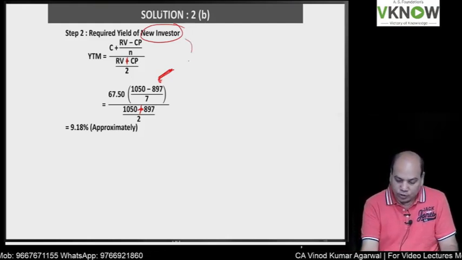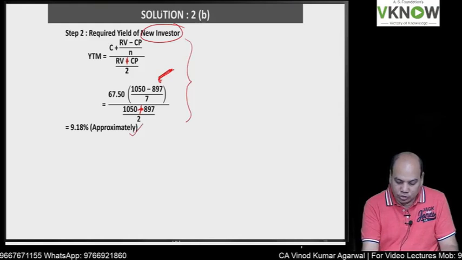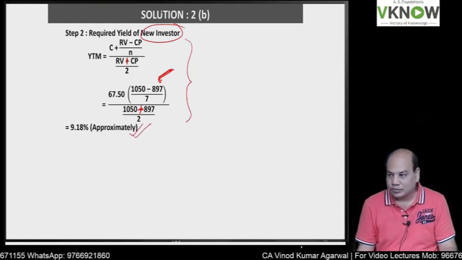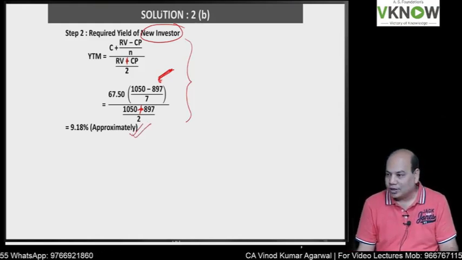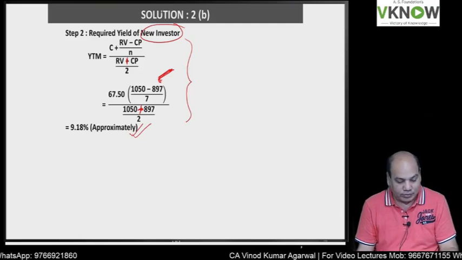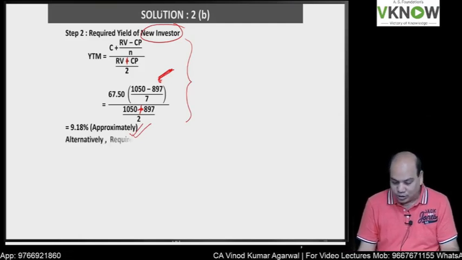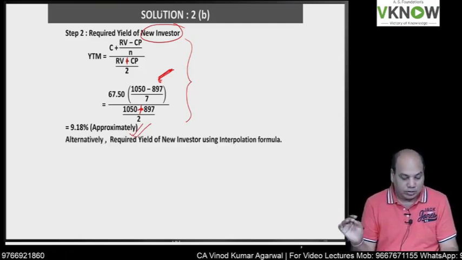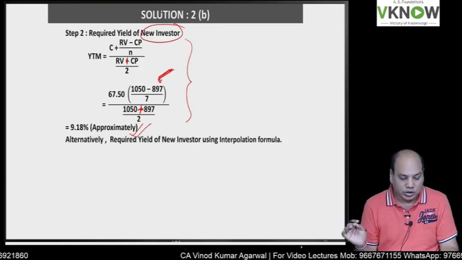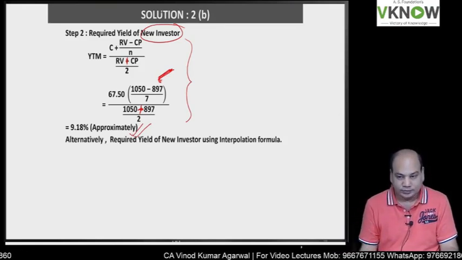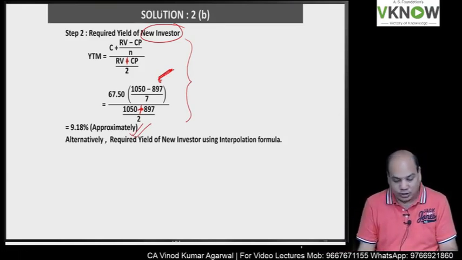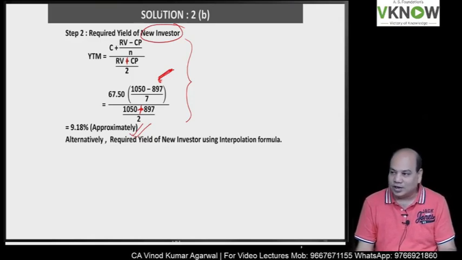When you are using the formula method, you get an approximate answer. You do not get a 100% accurate answer. In order to get an accurate answer, we can solve it by the interpolation formula or IRR method. So one student is requesting, let us solve by IRR method.